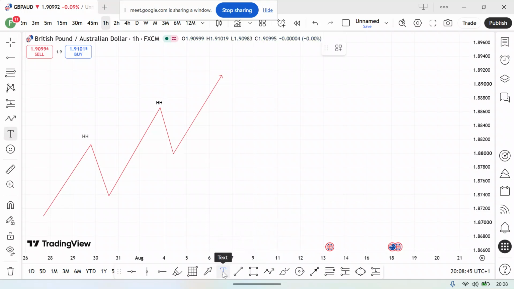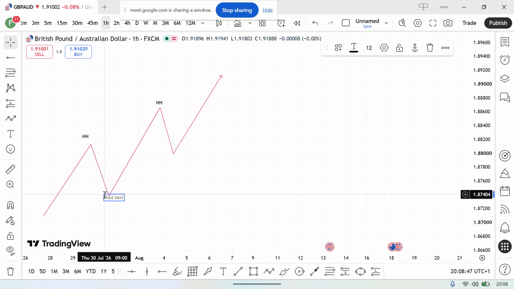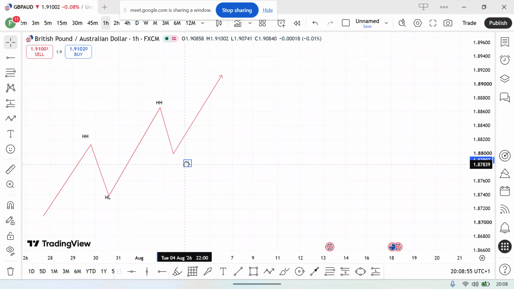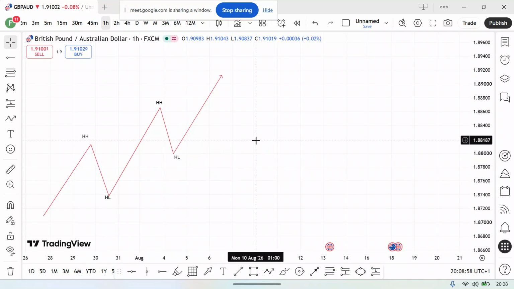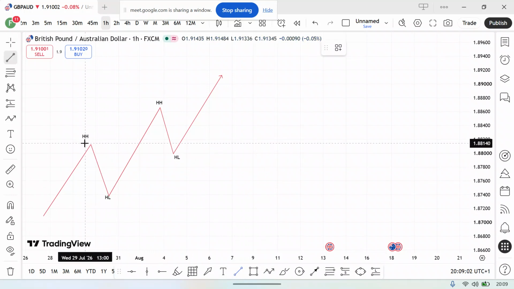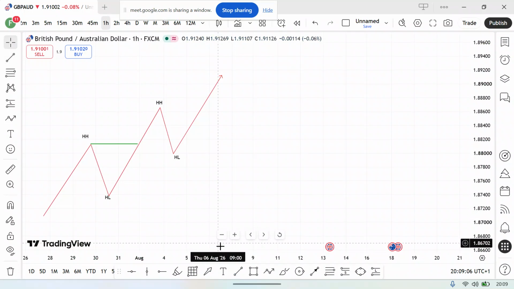And then you also have what we call higher lows. So I told you this is what an uptrend is. And I also made mention of what we call a break of structure, right?